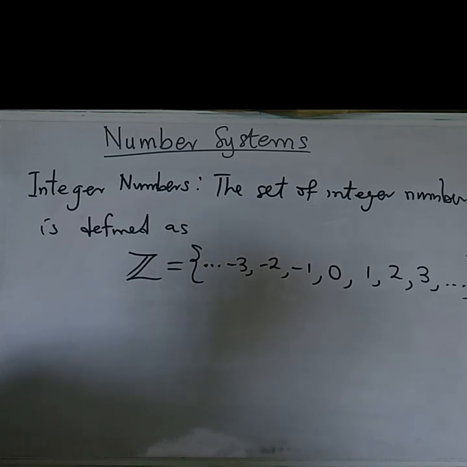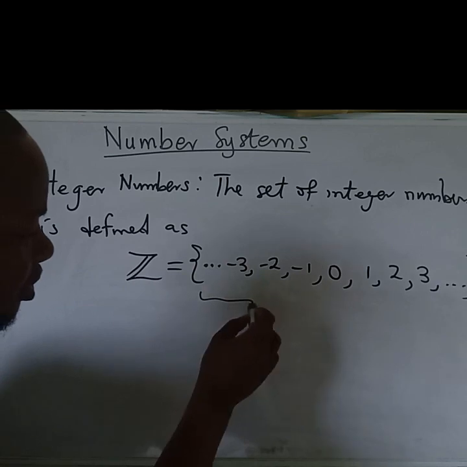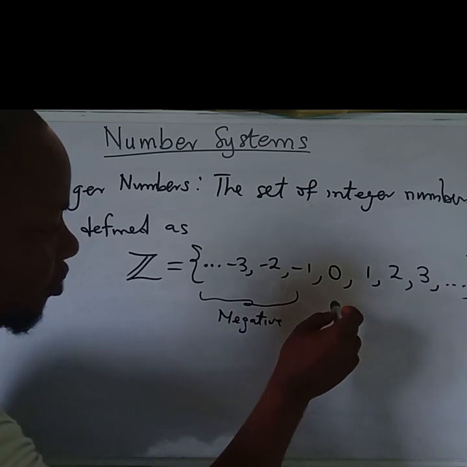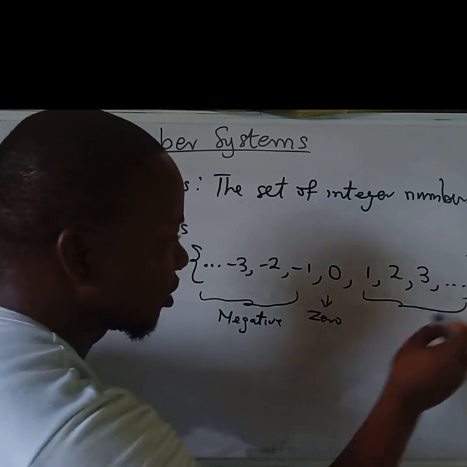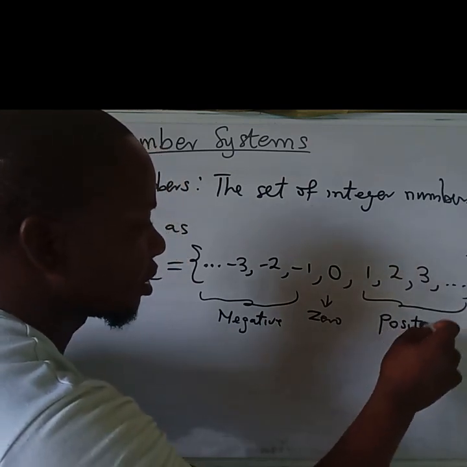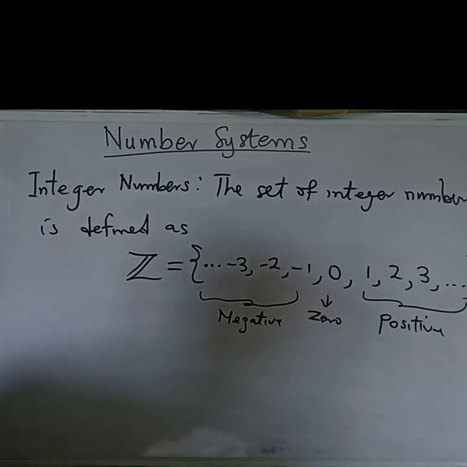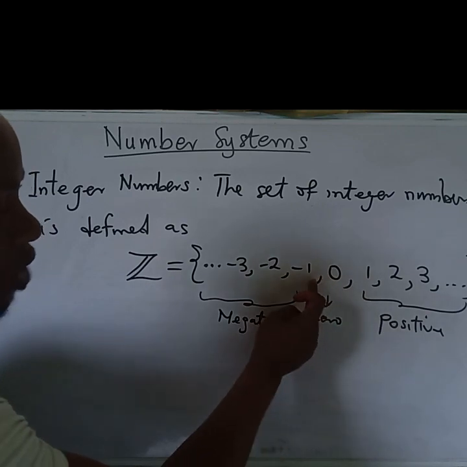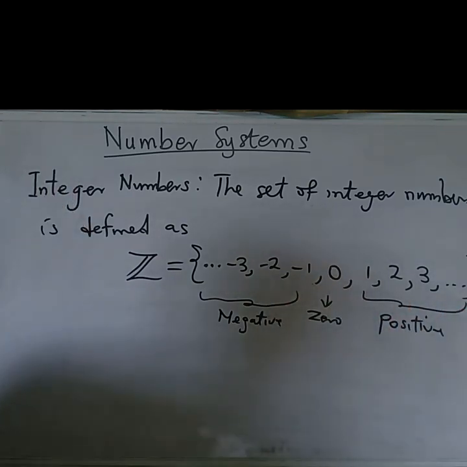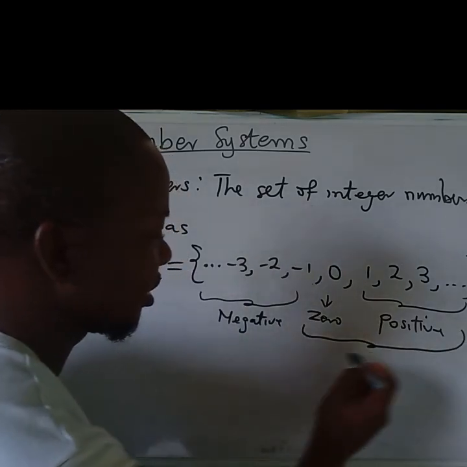We can look at these integer numbers as a set of three parts: the first being negative, in the middle we have just one number, 0, and here we have the positive numbers. Or we can group them into two: with the inclusion of 0 here, we can call the entire this the whole numbers, just like we have said earlier.